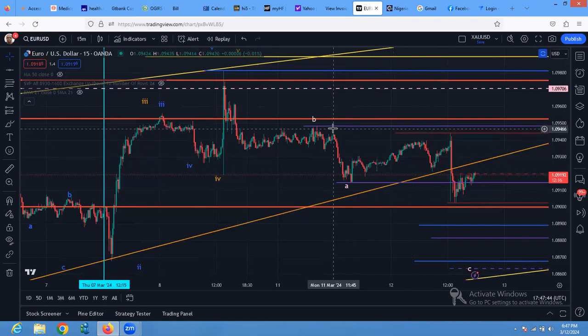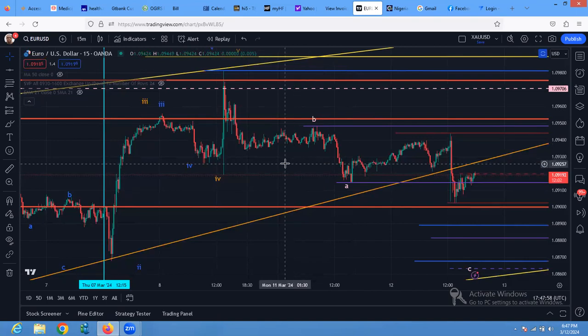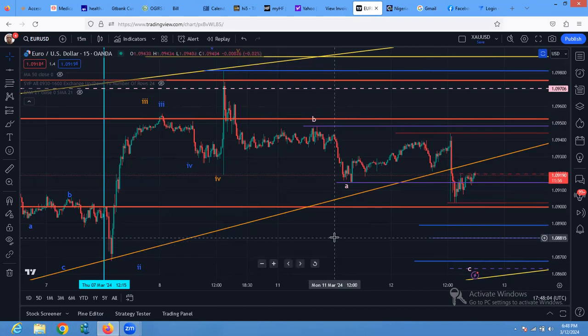The move down here might just be a 1 and a 2, and we want to properly engage this part to the downside. So our 100 extension will be around this area, or around this area. Let's see.